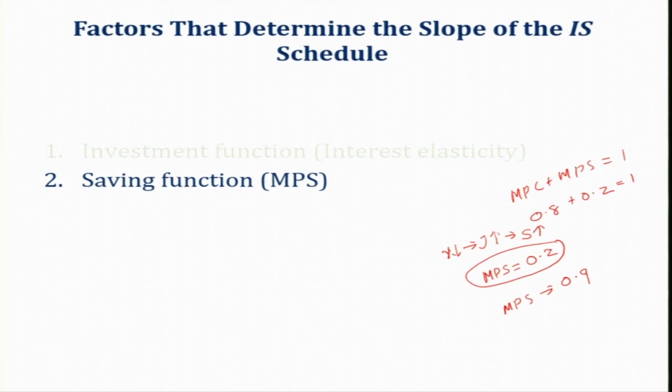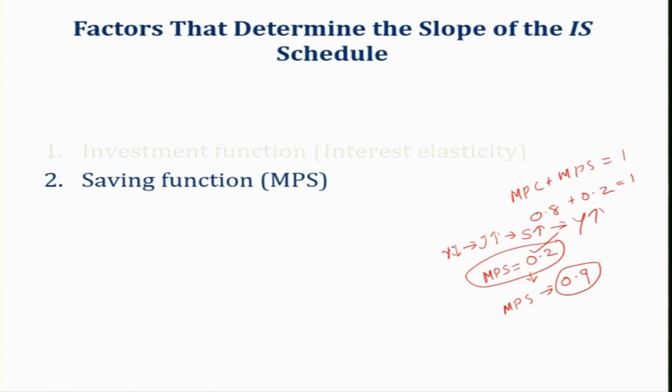When the MPS is 0.2, it means only 20% of the income will be used for saving, right. So a large increase in income is required when the MPS is small. In contrast, what if MPS is very high, 0.9.